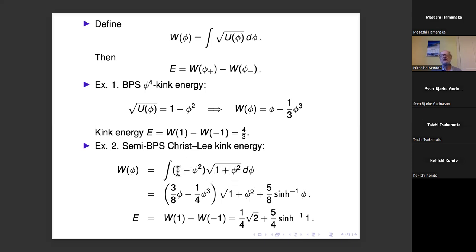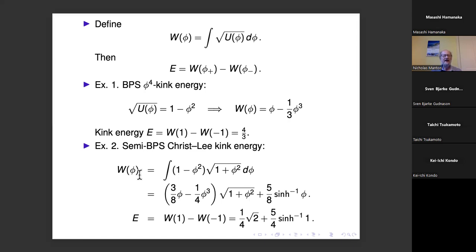Now, this is doable, but it's complicated, and that reflects the semi-BPS character, the fact that there are these simple zeros, admittedly in the complex plane, which cause difficulties in the integration. And so it turns out that w is this algebraic function plus this inverse hyperbolic function. So it's a mixture of algebraic and transcendental functions. It's elementary, but it's also transcendental.